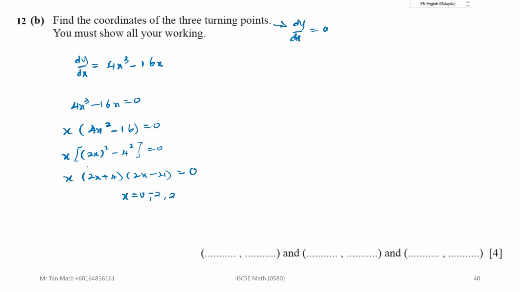For this part here, we are using a squared minus b squared equals a plus b, a minus b.